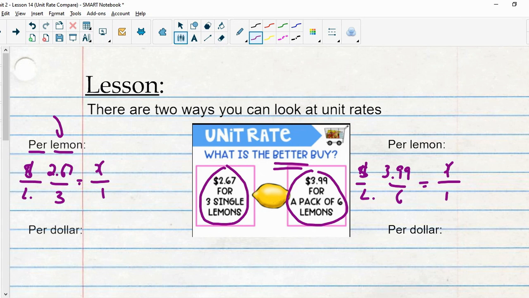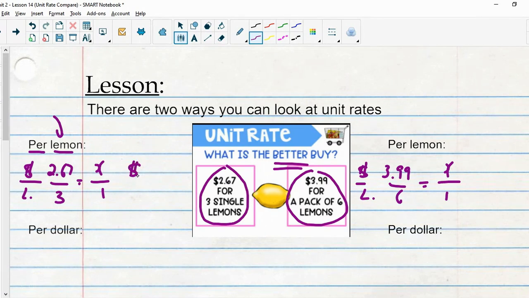Hold on, let me get my calculator real quick. All right, 2.67 divided by 3, that's 89 cents.